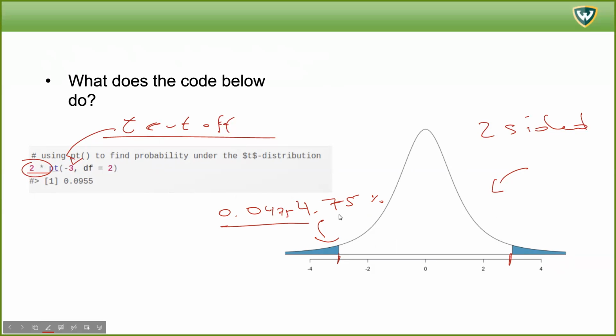So there is a 4.75% chance that the values in the t-distribution with degrees of freedom 2 are -3 or below. And because it's symmetrical, we can just do the same for the other side, 4.75%. That's why we put this 2 here, because it doesn't give us the two-tailed calculation. So we multiply 4.75% times 2, and we get 9.55%. I'm approximating.